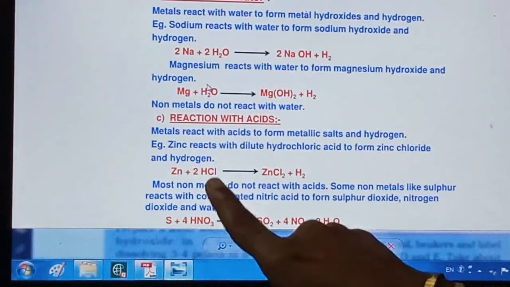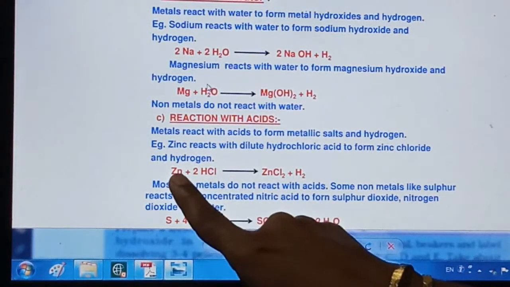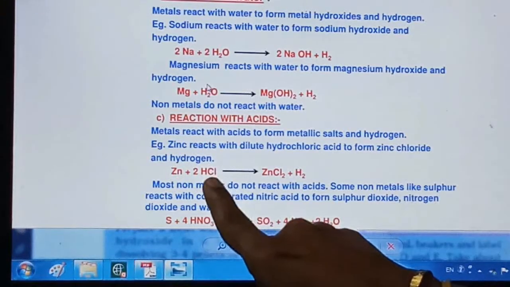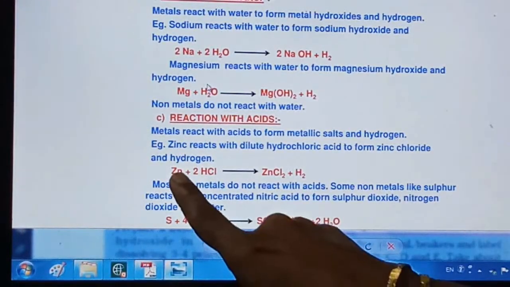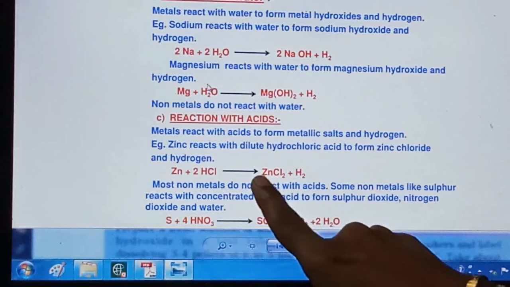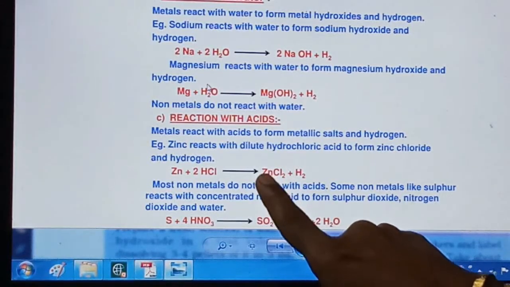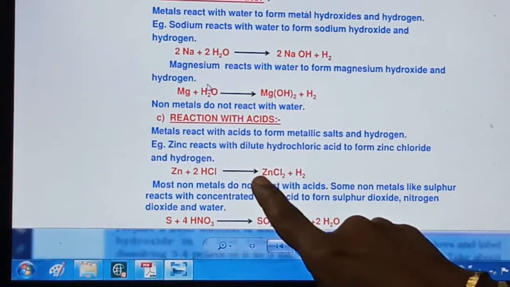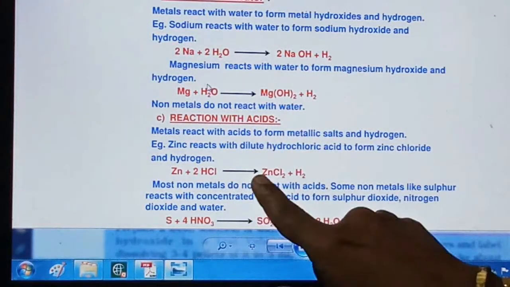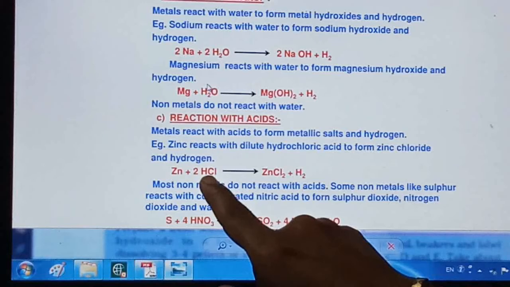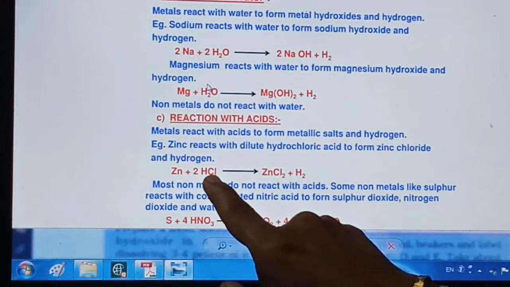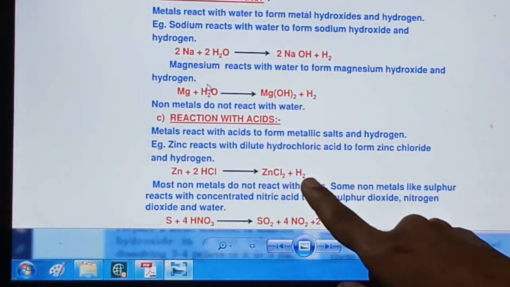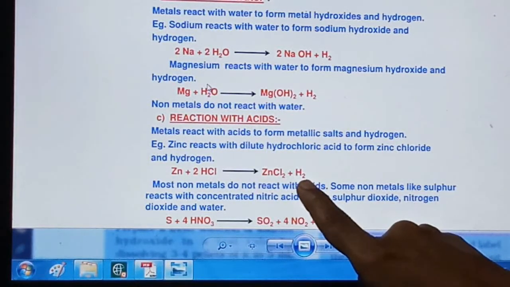Now whenever zinc reacts with hydrochloric acid, it forms the salt of the metal. Zinc chloride is formed, ZnCl2. Here two atoms of chlorine are required to satisfy one atom of zinc. That's why 2 HCl is required. So 2 chlorine atoms will come and the remaining 2 hydrogen will be released as H2 gas.